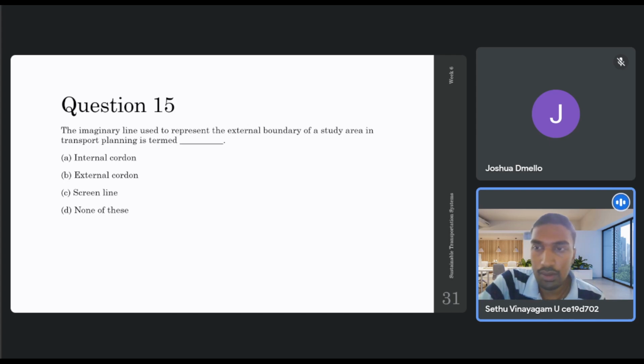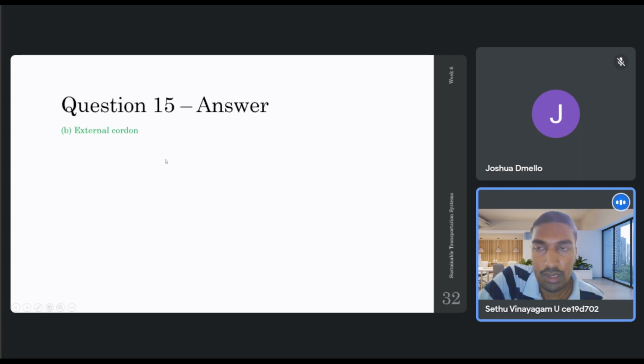Okay, so we have one vote for option B, external cordon. So the right option is option B, it is external cordon.